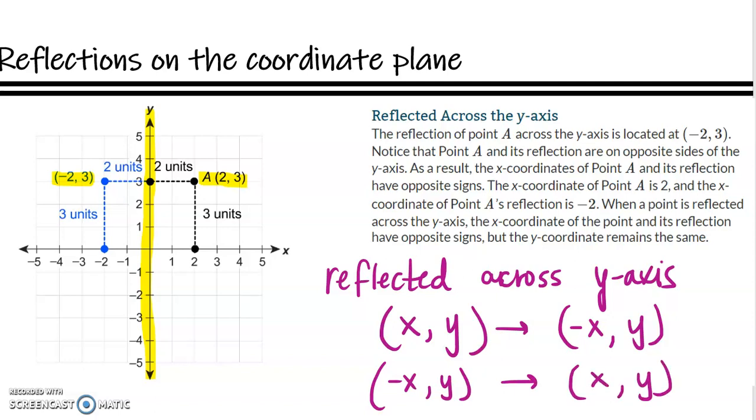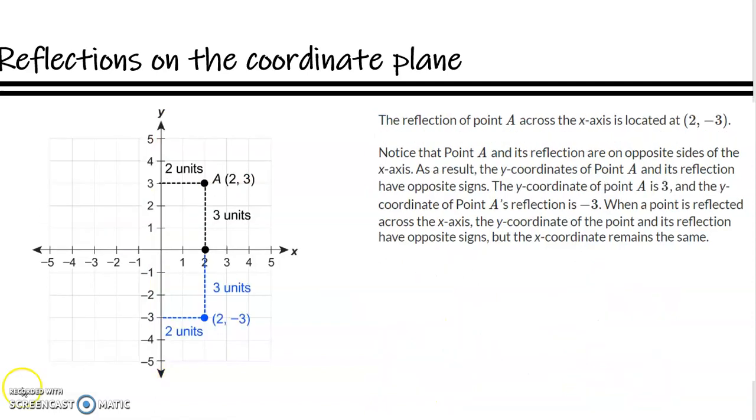But again, your y stays the same. If it was negative, it's going to stay negative. Same goes for reflecting across the x-axis. X stays the same. Y changes to the opposite. And you could write that same thing in here.